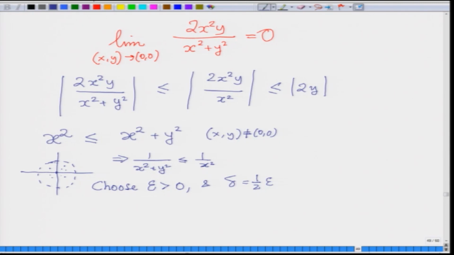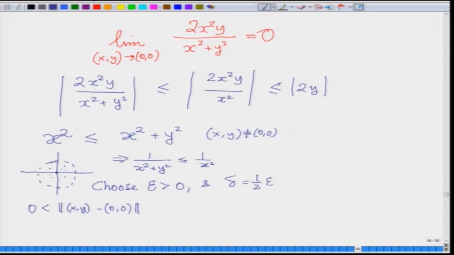So, basically, now look at all such x y's which are lying in this ball around 0 0, but not equal to 0 0. Of course, you can ask what would happen to points which are lying on the y axis, for example, x is 0.